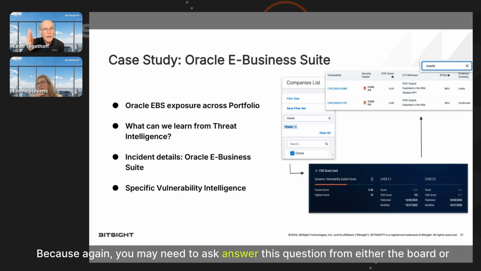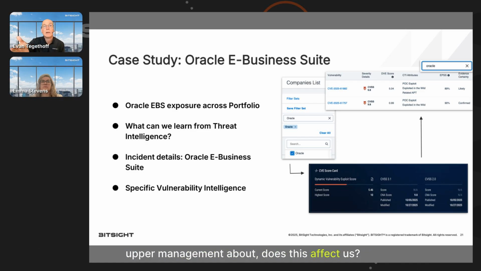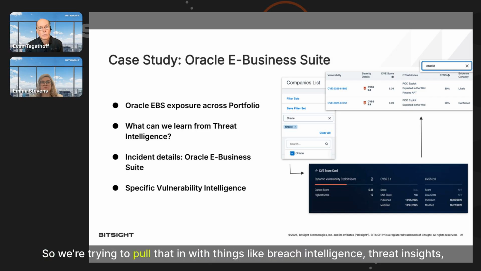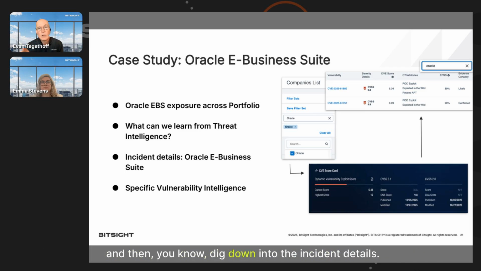Because again, you may need to answer this question from either the board or upper management about, does this affect us? Does this affect our supply chain? Then, what can you learn from threat intel? So we're trying to pull that in with things like breach intelligence, threat insights, and then dig down into the incident details. So this could be things like, was there a campaign aligned with this? Were there APT groups, et cetera?